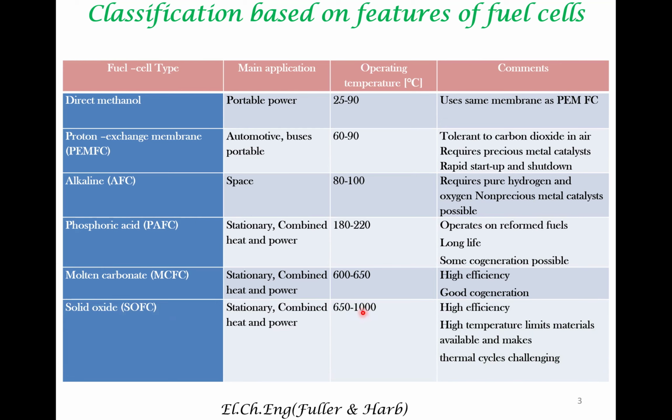And you cannot rapidly increase the temperature, because a rapid increase in temperature will introduce thermal stresses within the fuel cell. So you have to gradually increase the temperature. So this feature has to be contrasted with the rapid startup and shutdown in a PEMFC. Here, if you want to start a solid oxide fuel cell, you have to do it gradually because the temperature is increased gradually. And the shutdown has to be done in a gradual manner.